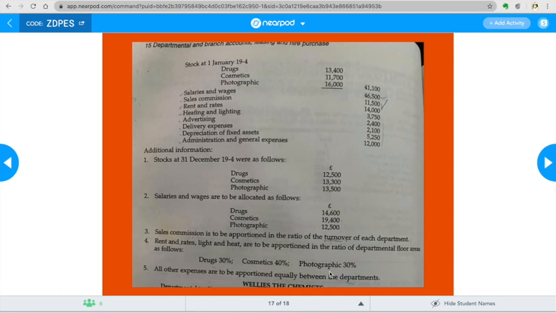This overhead expense is shared by all the departments inside the business. So if you think of closing a particular department, it is not very easy, because you are already allocating a certain part to this department, and that part will have to be borne by the other two departments.